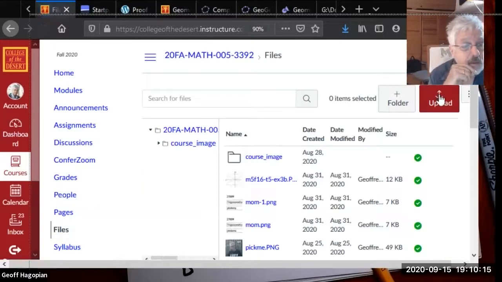So I'm going to upload, and then it's going to take me to a context menu, which you can't see, but I want to go to where I have this. I just want you to have something to study, because eventually we want to get to a test for the geometry section, right?